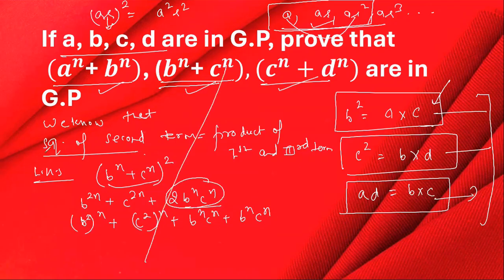Now after that, what do we have to do? If you see, what is B square? B square I got as AC, so it will be AC raised to the power n. What is C square?